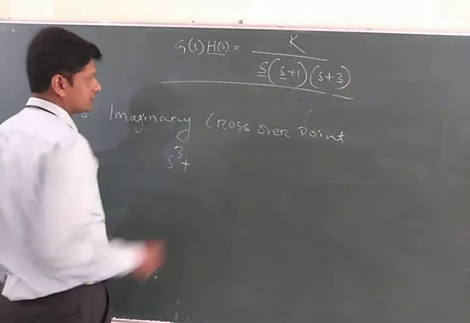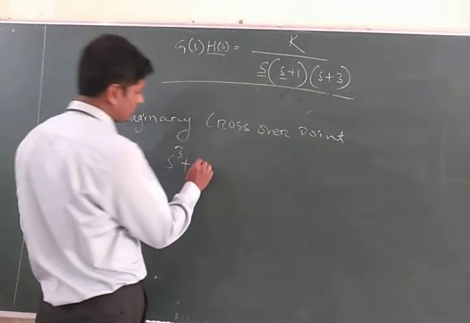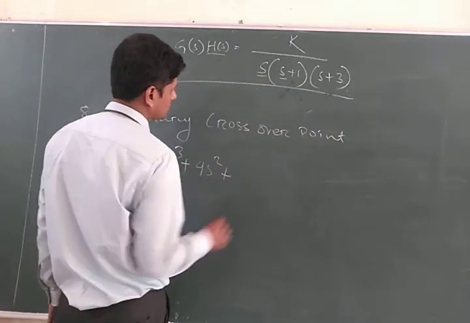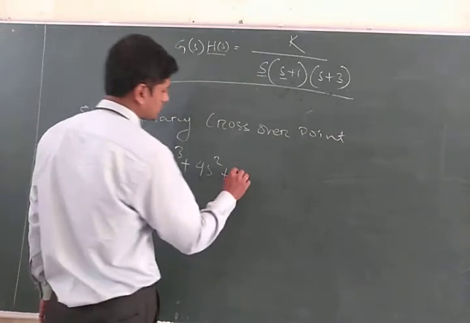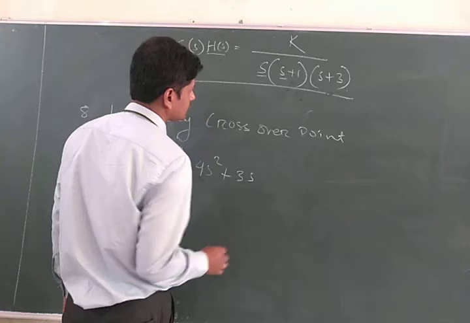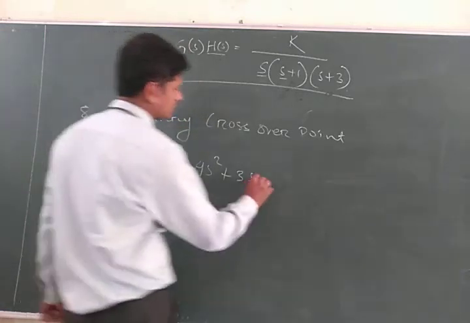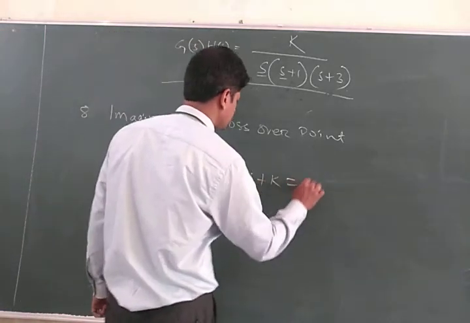First we have to write the characteristic equation: s cube plus 4s square plus 3s plus K equals 0. This is the characteristic equation.